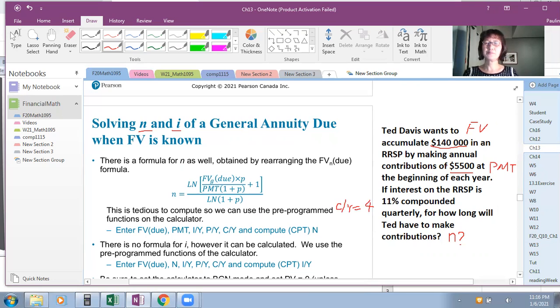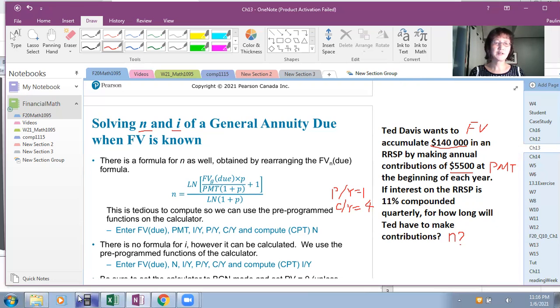And Ted is making contributions every year. So PY equal to 1. Okay, so we analyze the given numbers. There are 3 methods.